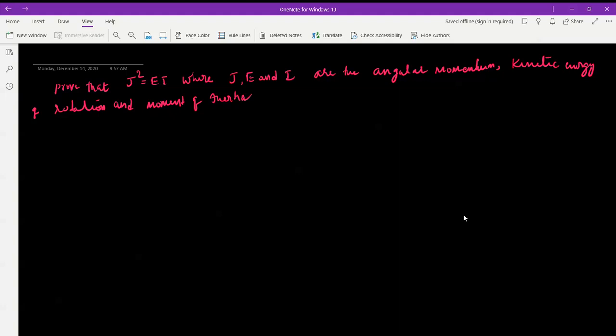So these are the things. So prove that j square is equal to ei, where j is angular momentum, e is kinetic energy of rotation, and I is moment of inertia, respectively.